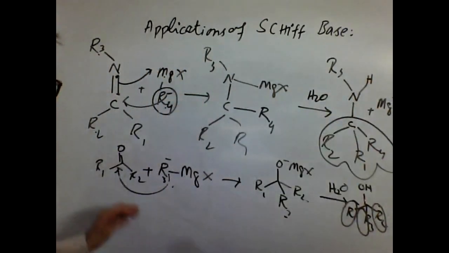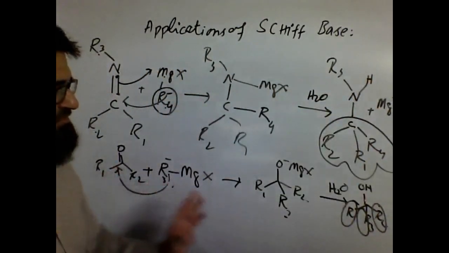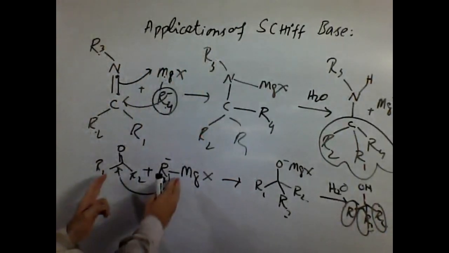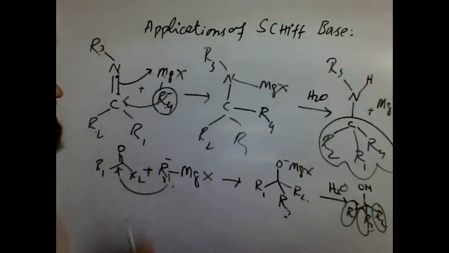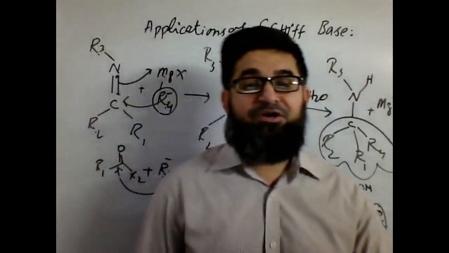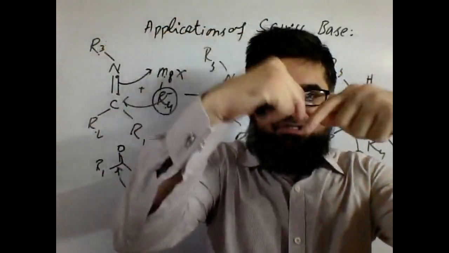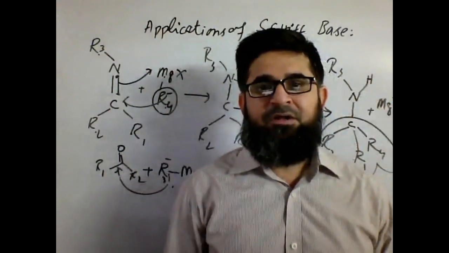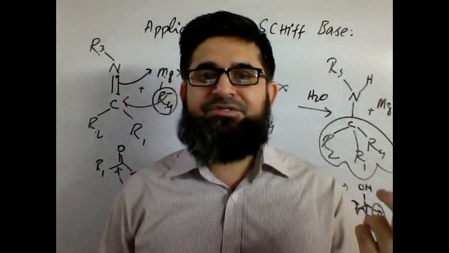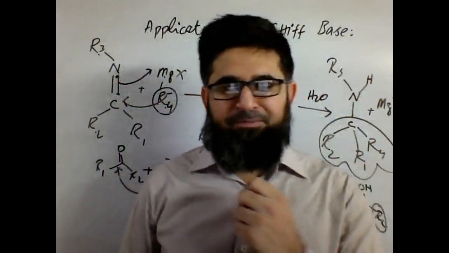Yes, if you want to increase only the number of substituents on the carbon, you can try this reaction directly with Grignard reagent. But as I've told you, we also want to incorporate nitrogen into our compound, because the presence of nitrogen gives compounds biological activities. They make them biopotent.